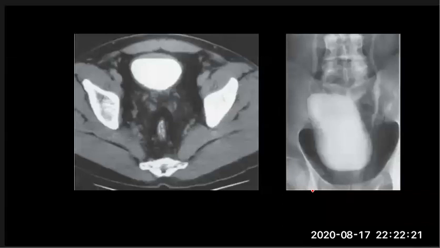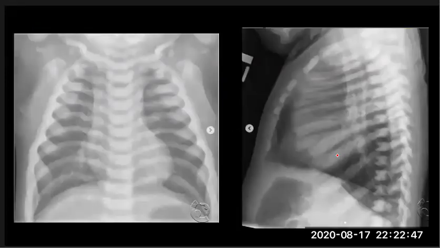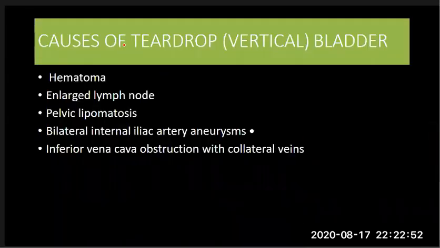Ovarian mass, bilateral, internal iliac aneurysms, bilateral collaterals, and inferior vena cava obstruction. These are some of the differential diagnoses of pelvic lipomatosis. Vertical bladder, also called teardrop bladder.